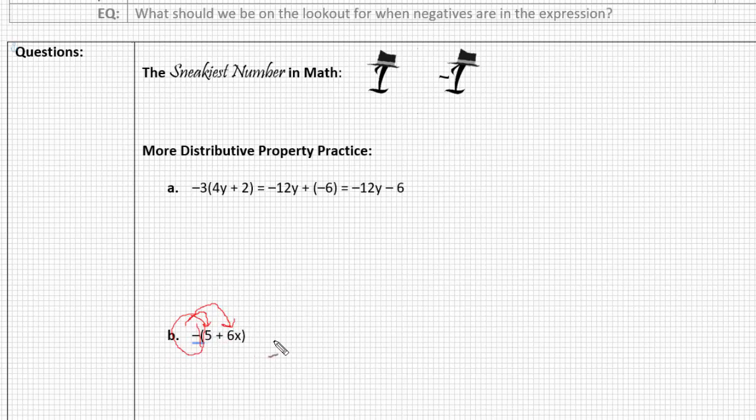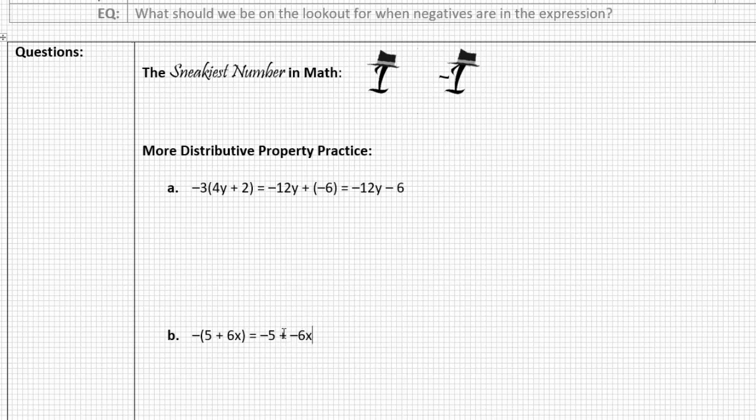So go ahead and try that out. What are we going to get? When I do this, I get negative 5, and we can keep that plus sign, negative 6x. Okay? And that would be an equivalent expression.